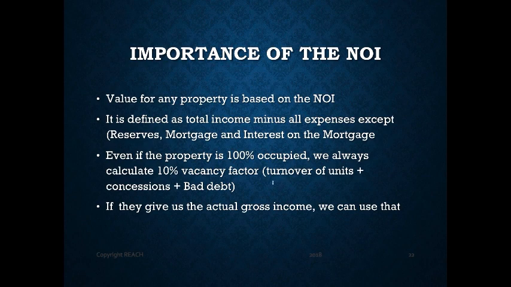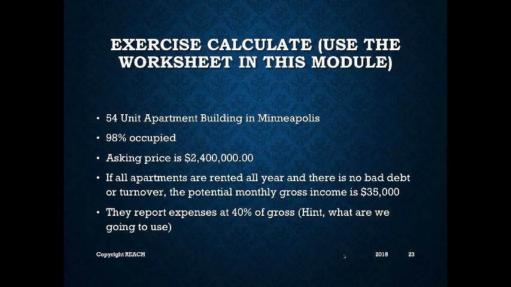Even if the property is 100% occupied, we always calculate a 10% vacancy factor. You're always going to have turnover. A lot of times you have concessions. You're always going to have some people who don't pay. I'm always going to use at least 10%. If they give you the actual gross income, we can use that, and there's basically no problem with that.